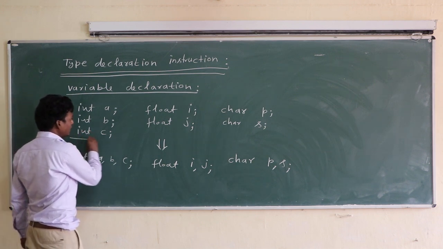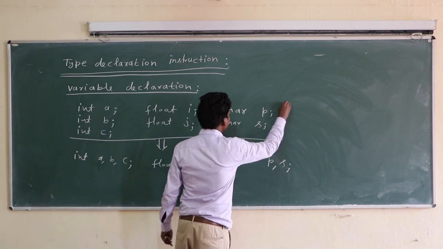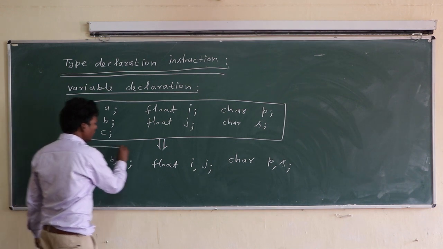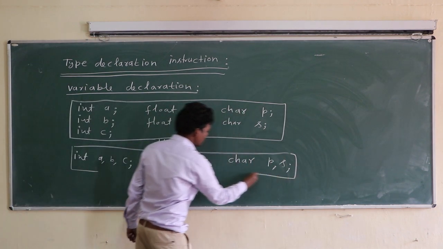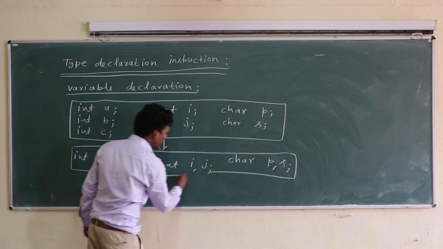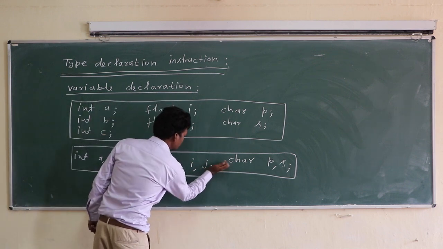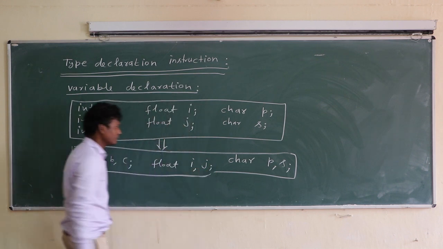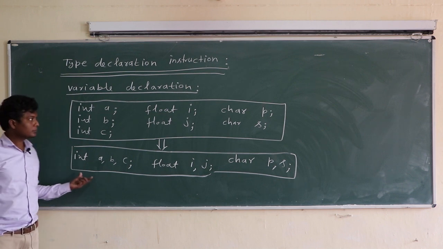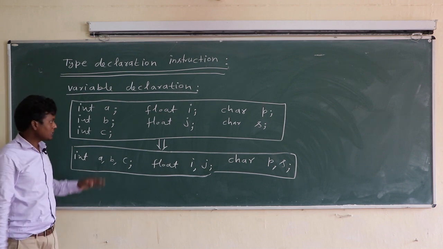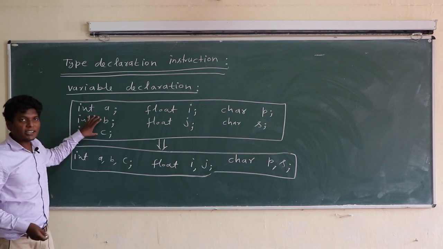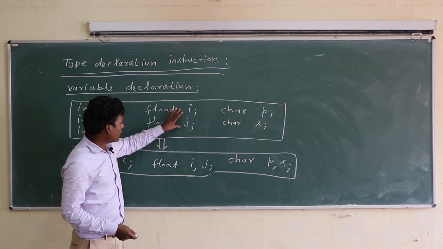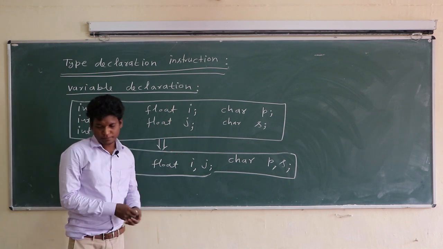You may choose either this declaration or this declaration. You have both options. So this is a valid declaration. These are also valid declarations. So either you may choose this or this.